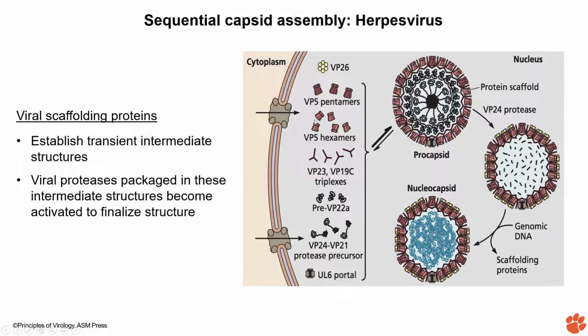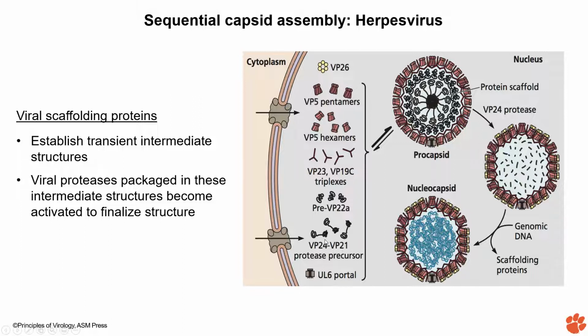What are those? You have the additional VP5 hexamers, then you have the minor protein VP23 and VP19C. But initially what you are seeing is a pre-VP22A that is formed so that the whole structure can be supported. Along with that, inside the virion, VP24 and VP21 are also added, which are these rod-shaped structures that you are seeing.